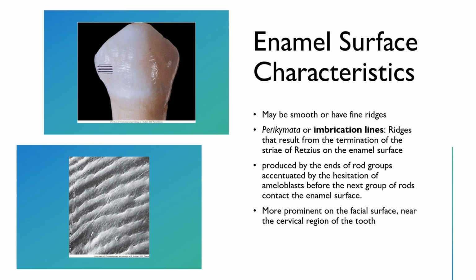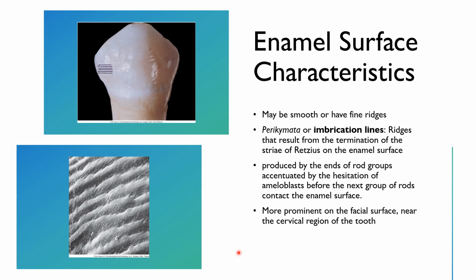Now, this is just another good picture of those fine ridges or fine lines called perikymata, or the imbrication lines. So again, remember, these are those little lines that may or may not be visible on everyone's enamel. And these are usually more prominent on the facial surfaces.